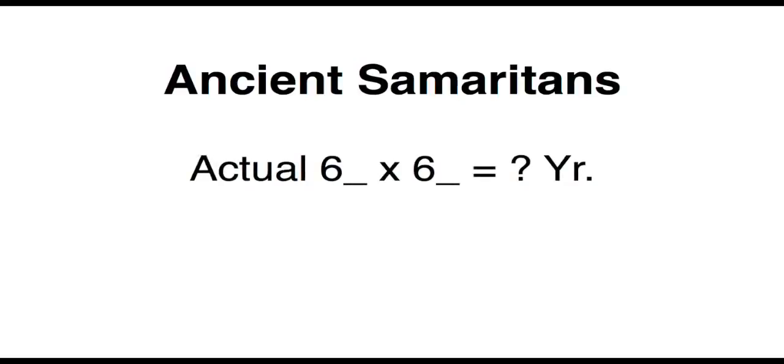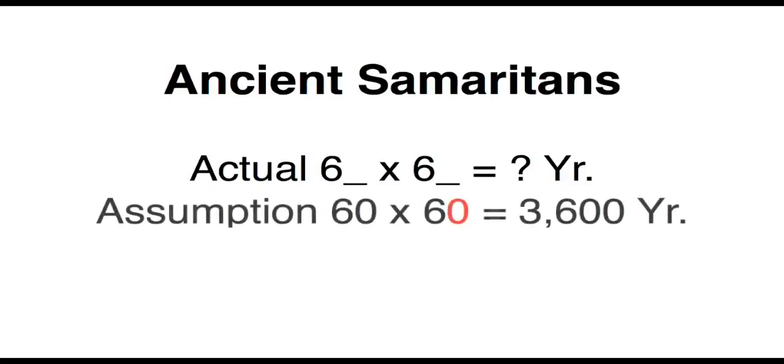So Sitchin, when he read the clay tablets, what he literally read was 6 times 6. Now, because of other data, they could tell the ancient Samaritans had a unit of measure of 60. So he put the first number at 6 being 60.